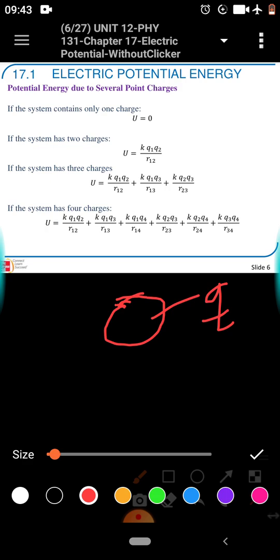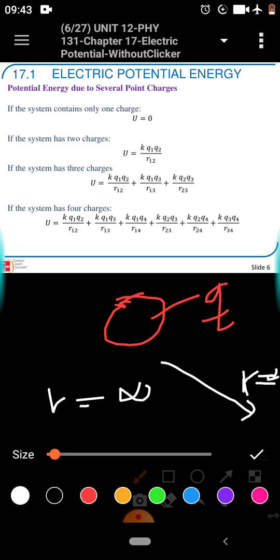It has a charge of q, and then I'll assume a reference from infinity, very far away, which means that r is infinity.